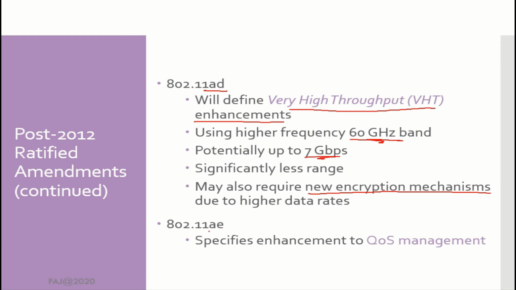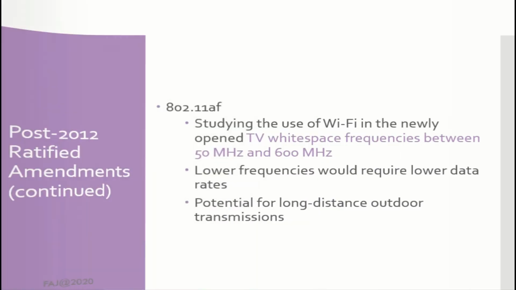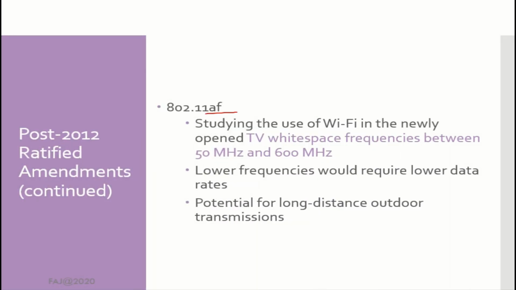The next one is AE, which specifies enhancements to quality of service management. And the last one, AF, studies the use of Wi-Fi in the newly opened TV white space frequencies between 50 and 600 MHz. Lower frequency would require lower data rates and has potential for long-distance outdoor transmission.